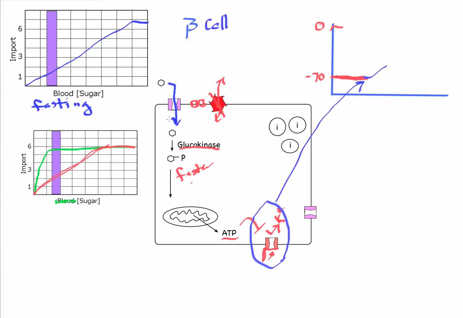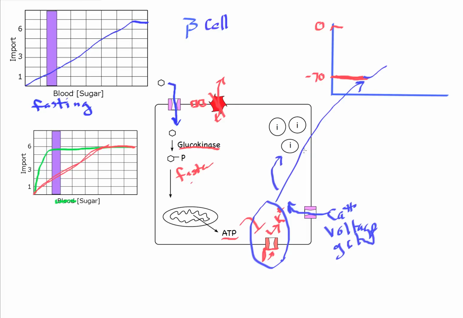Depolarization of a beta cell membrane opens a voltage-gated channel. The channel I've drawn over here in purple, here it is, a calcium channel. So calcium comes in, voltage-gated channel. Calcium comes in.